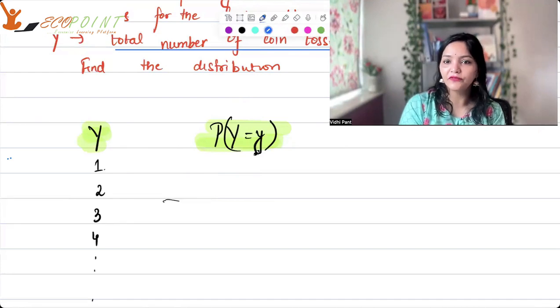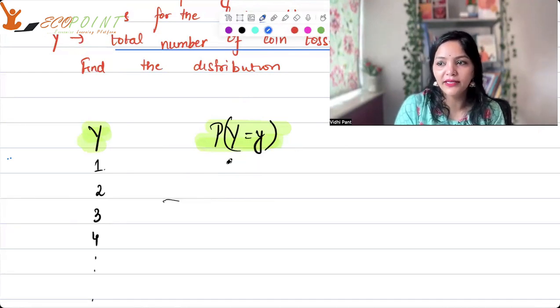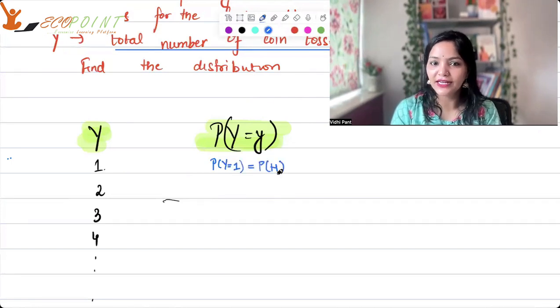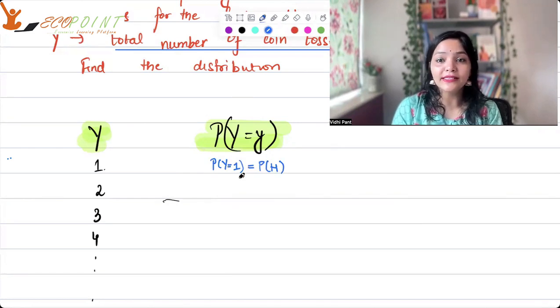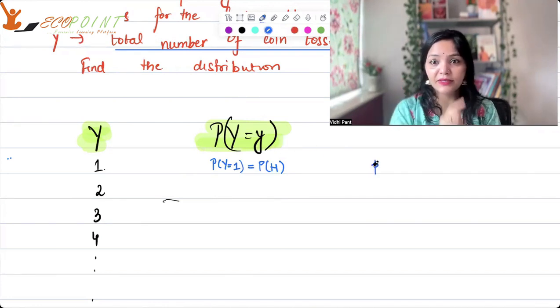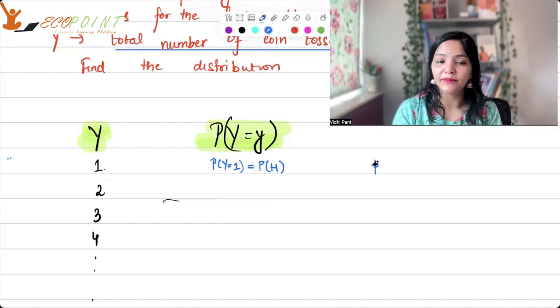If I get heads at the first go, I will stop. So this will happen when I am getting heads in my first toss. So probability Y is equal to 1 is basically the probability of the outcome heads, and that is nothing but p. It's not half this time, it's an unfair coin. So it's p.